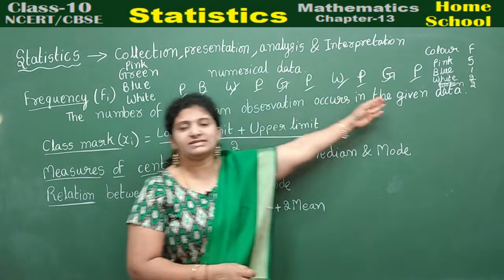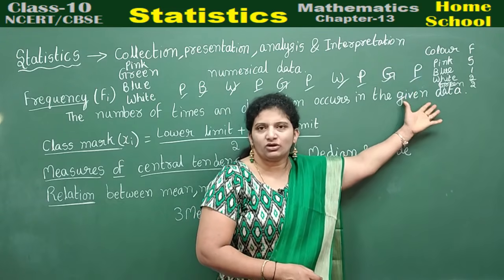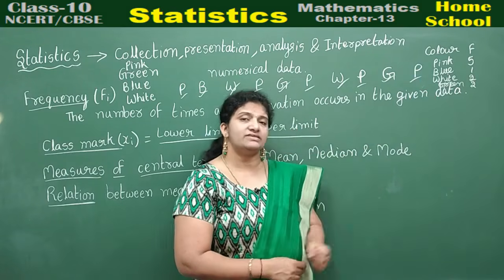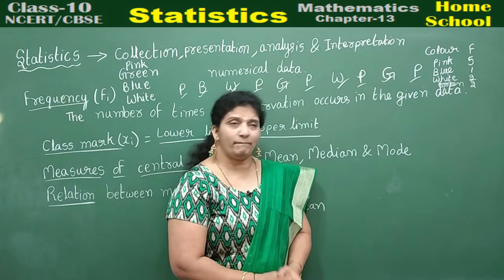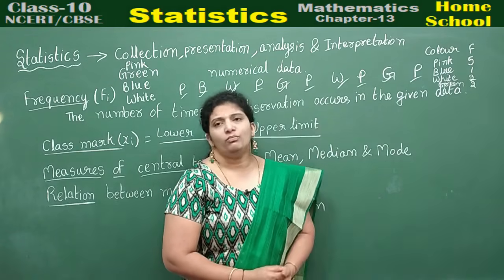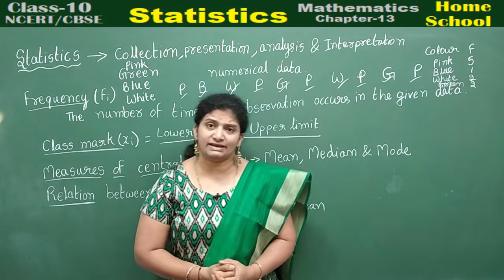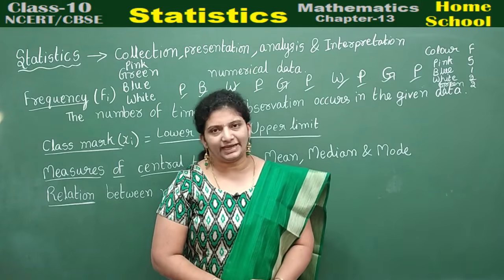It is easy to analyze the data by seeing a tabular column. So easily you can say the children are more interested in the color pink, and they have less interest in blue color. Like this we are going to collect, present, analyze and interpret the numerical data.